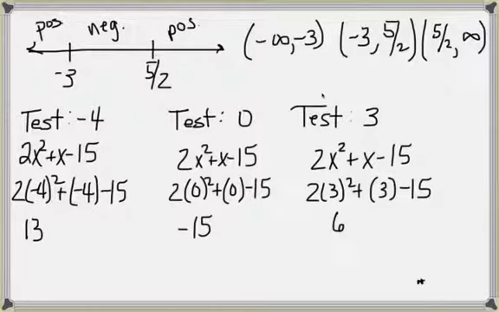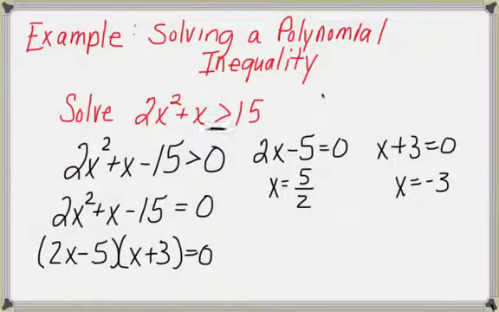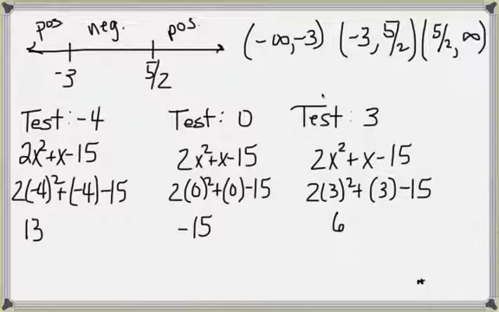So again, you remember from the beginning, this inequality is greater than. So I want all the x values that have positive answers. So go back to your graph, and you notice the interval from negative infinity to negative 3 had a positive answer, and the interval from 5 halves to positive infinity had a positive answer.